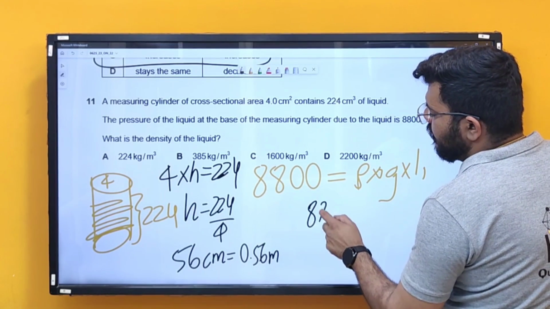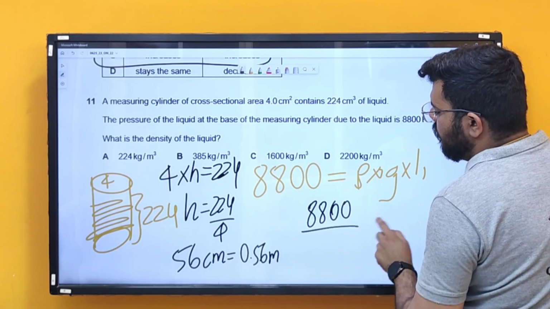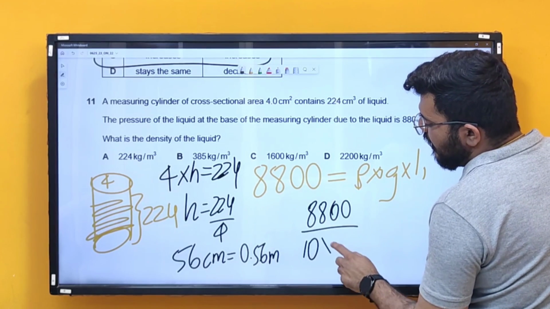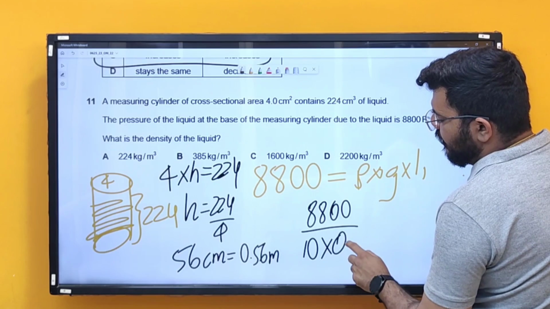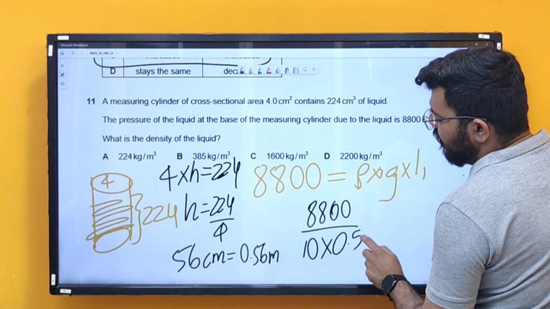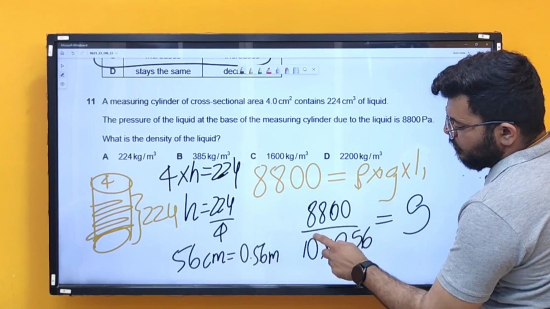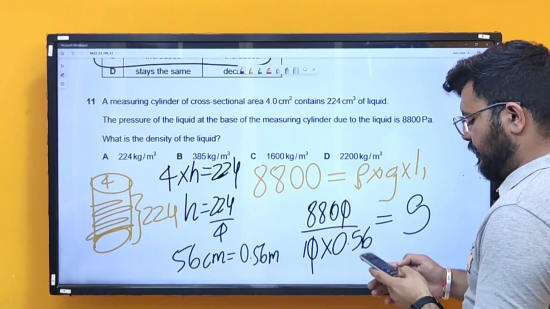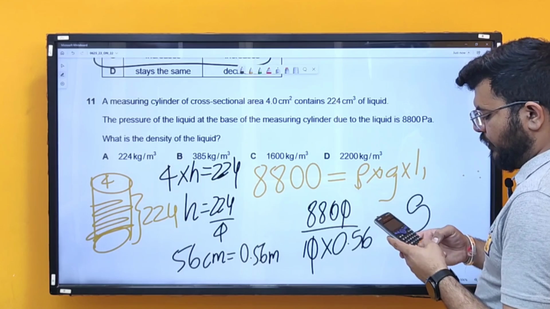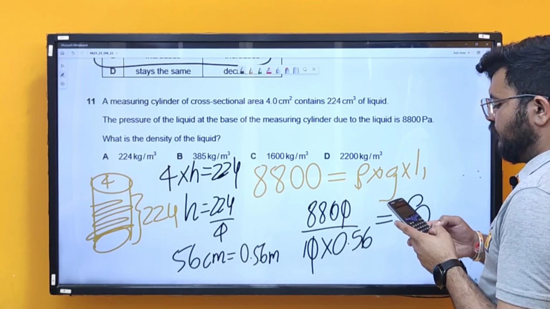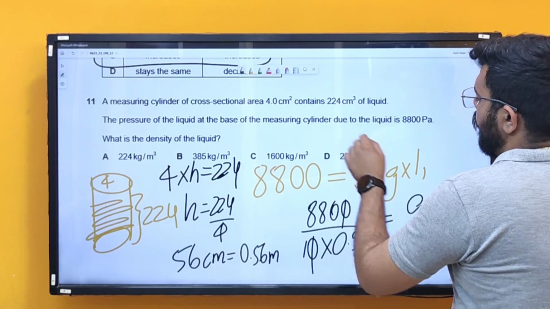Now 8800 upon gravity taken as 10 and height taken as 0.56 should give you the density of the liquid. So the zeros get cancelled. 880 divided by 0.56 should give you 1571.42.